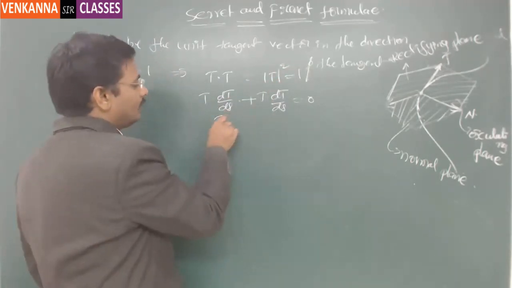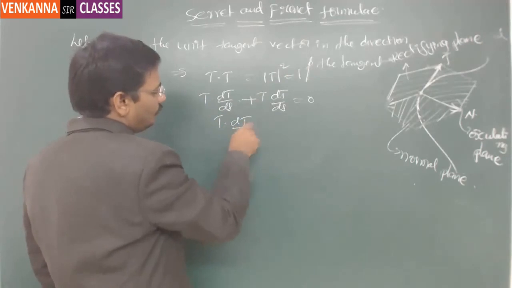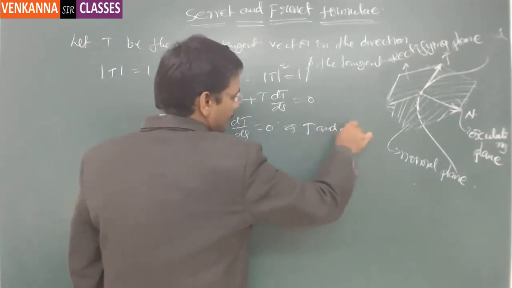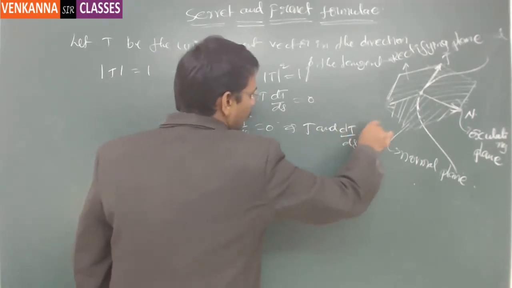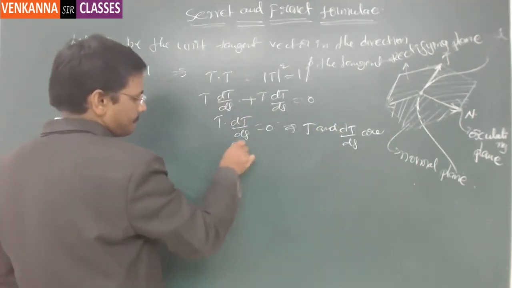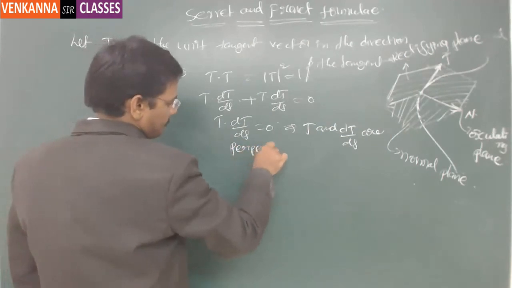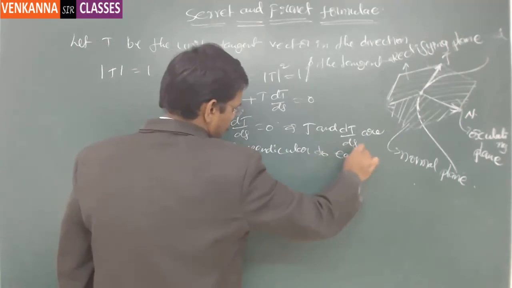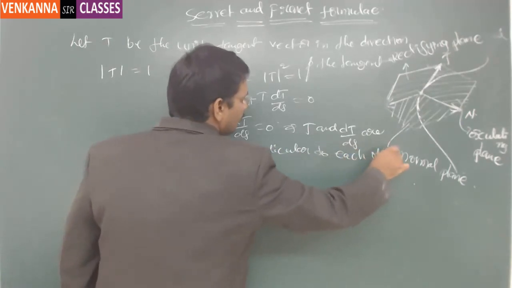So T dot dT by ds will be 0, which implies that T and dT by ds are perpendicular to each other.